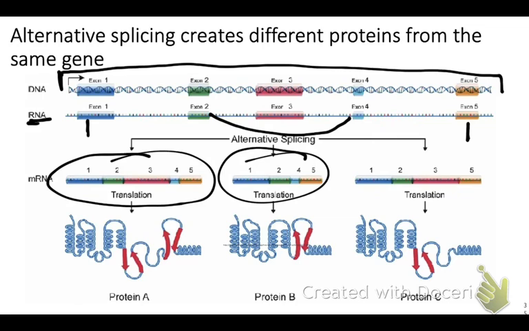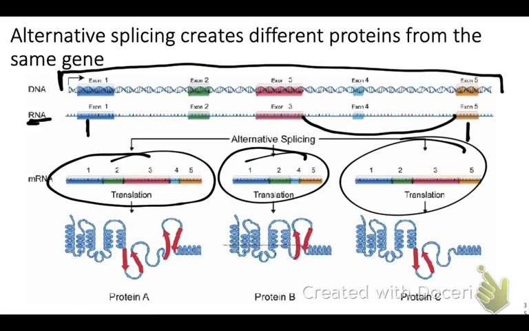Or we could do option C, I guess, where we have exon 1 splice to exon 2, exon 2 splice to exon 3, skip out number 4, oh gosh, and then splice exon 3 with exon 5, and so we end up with this structure here. So this can basically create 3 different proteins because they have 3 different combinations of these coding regions from one gene. Pretty neat.